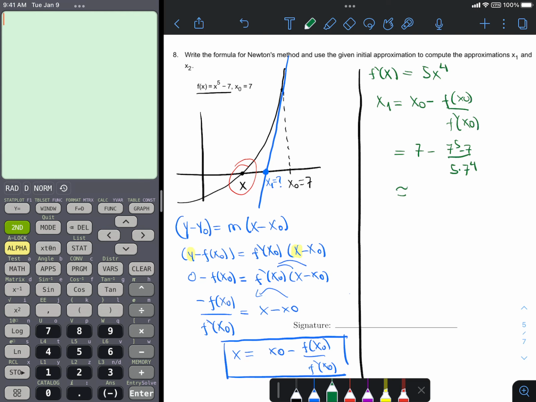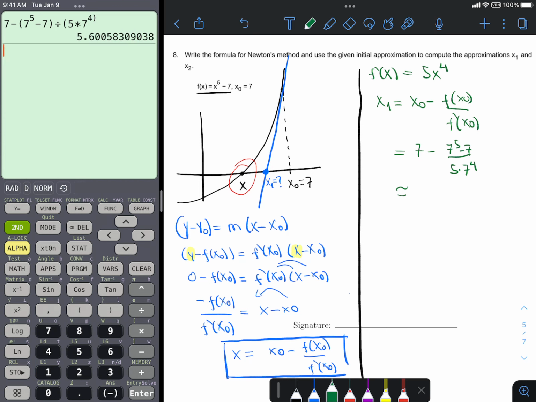So I use my calculator to calculate that. So it's 7 minus, parentheses, 7 to the 5th minus 7, close parentheses, divide by, parentheses 5 times 7 to the 4th.